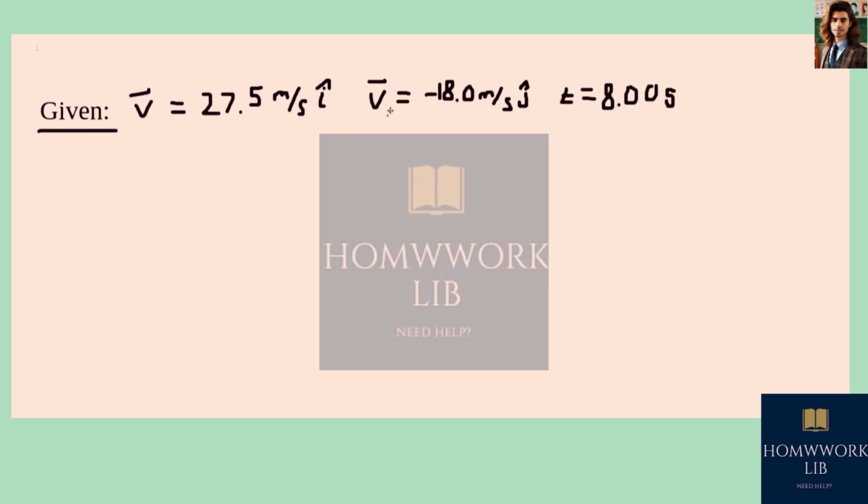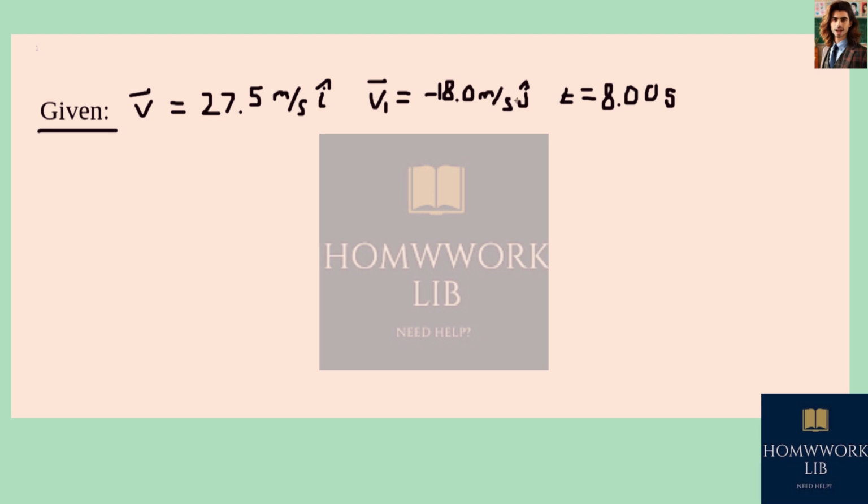Okay, so I write down here what we were given in the problem. Initially it's going minus 18 meters per second south, so we'll call that V1. V1 is minus 18 meters per second south.